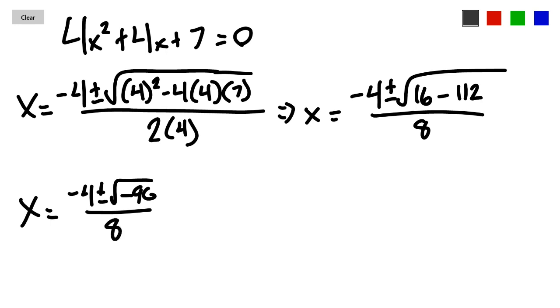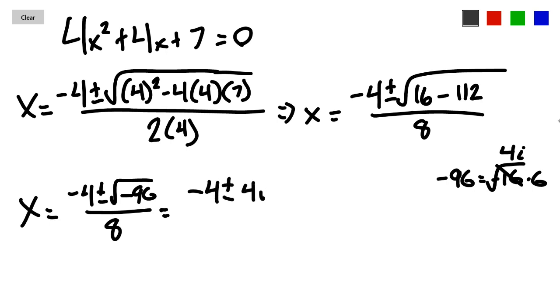So negative 96 can be rewritten as negative 16 times 6, and the square root of negative 16 is 4i. So what I can do is rewrite this in terms of complex numbers. So I have negative 4 plus or minus 4 times the square root of 6 times i, divided by 8.